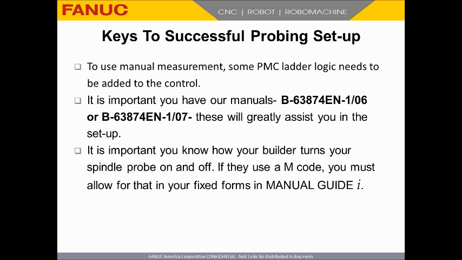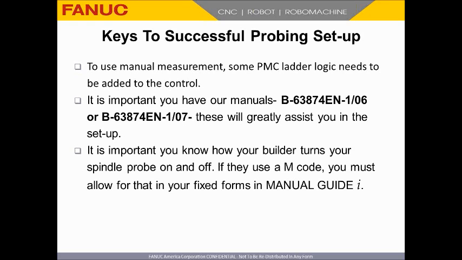Also, if you're going to use the manual functions on Manual Guide i, there's going to be some ladder logic changes that are going to be made to your machine. So some of your builders will do that up front, some of them do not.